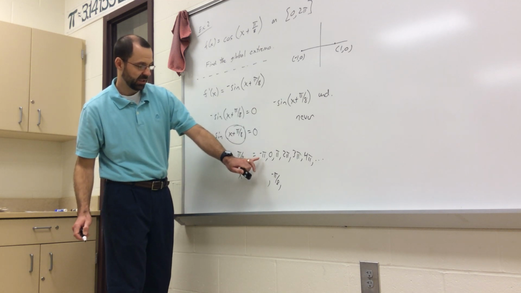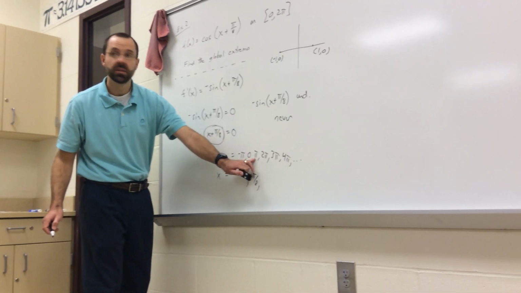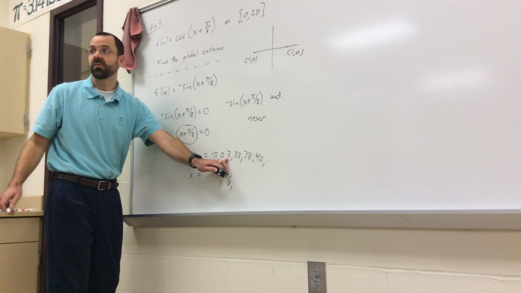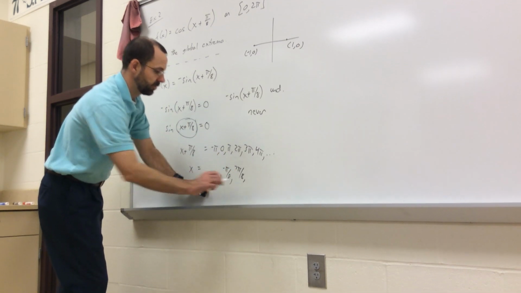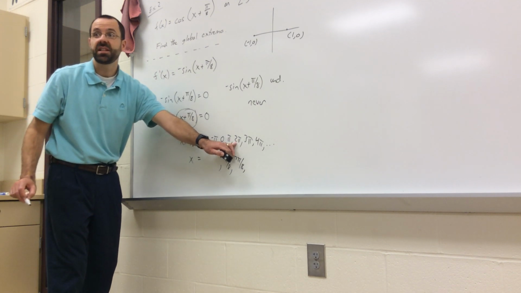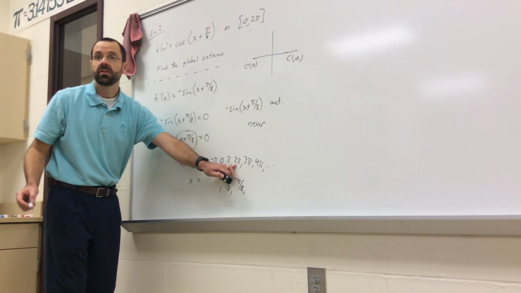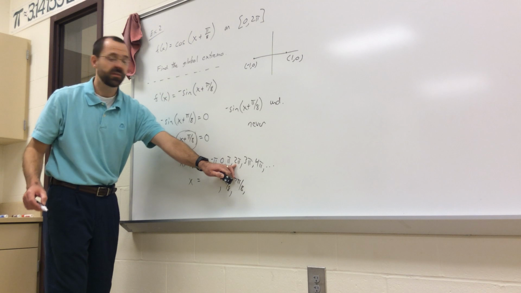These other ones are a little trickier to subtract pi over 8 from. Let's see, let's do this one. Pi is 8 pi over 8. So if I subtract pi over 8 from it, it's 7 pi over 8. And 2 pi is 16 pi over 8. So if I subtract pi over 8 from it, it's 15 pi over 8.